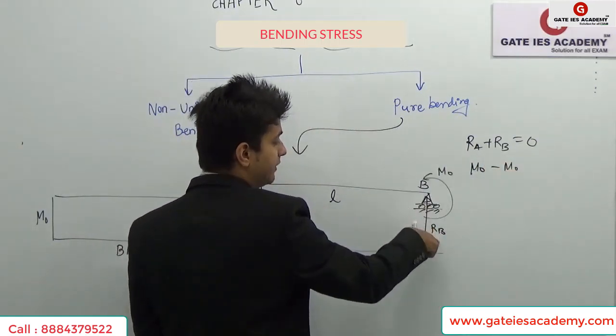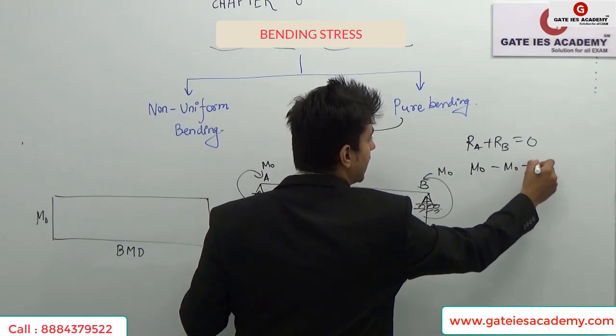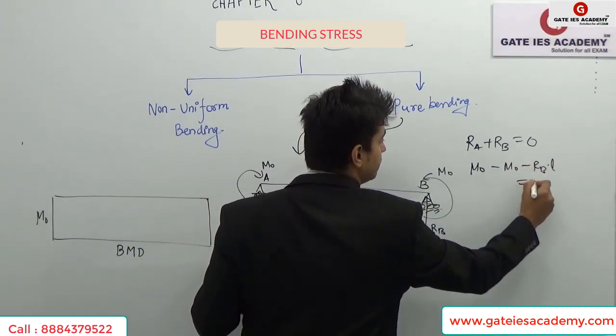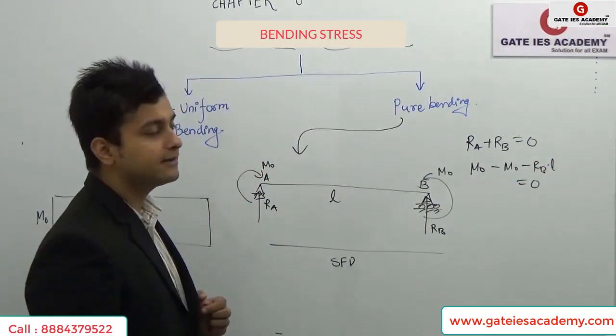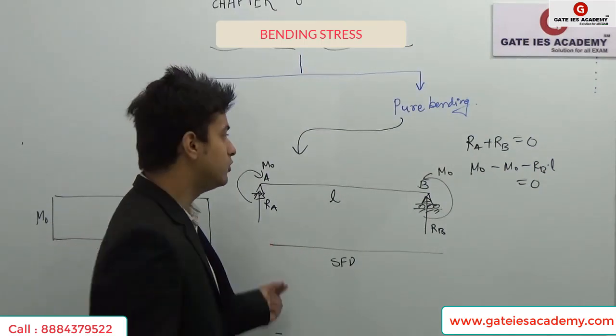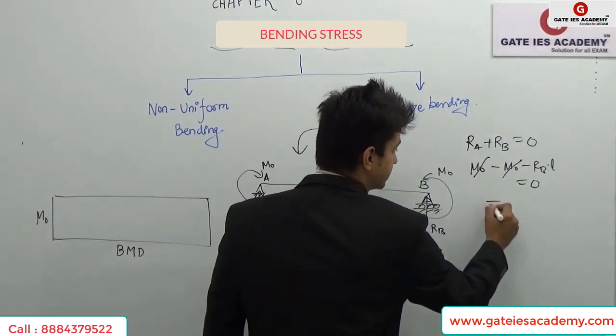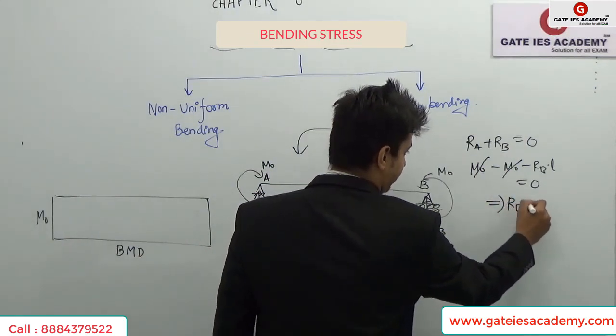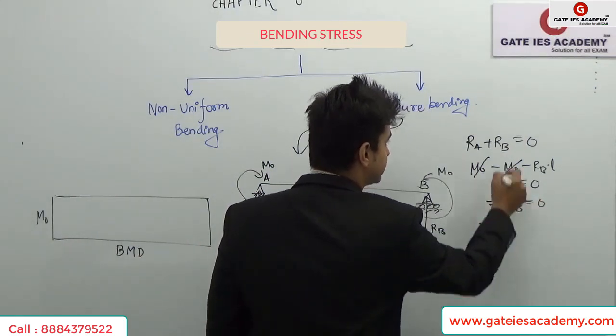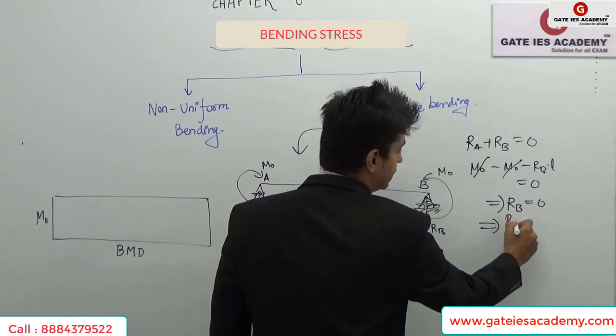RB will create an anti-clockwise moment, minus RB into L equals 0. That is the net moment at point A. This gets cancelled and RB into L equals 0, which implies RB equals 0, and from the first equation RA equals 0.